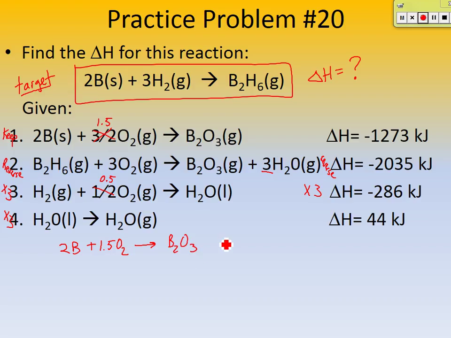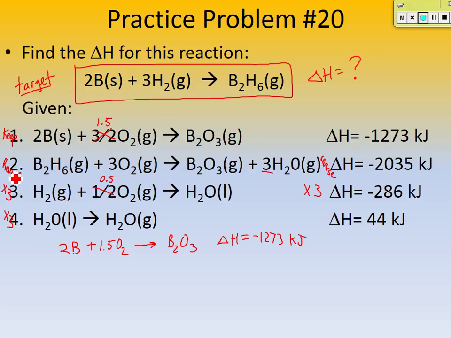And let's also track what we're doing to delta H. Does it stay the same, guys? Yeah. It does. So a minus 1273 kilojoules. Wait, why doesn't the oxygen cancel out? Well, it will. I haven't canceled anything out yet. I'm just rewriting them following what we said we were going to do here. And then we will cancel out. Good point.